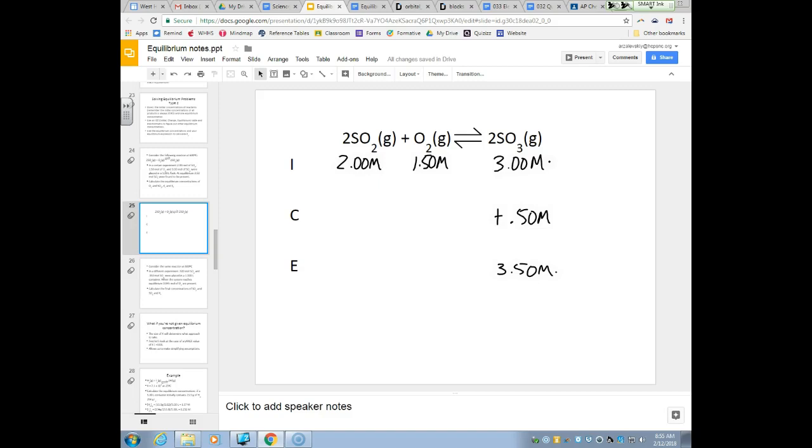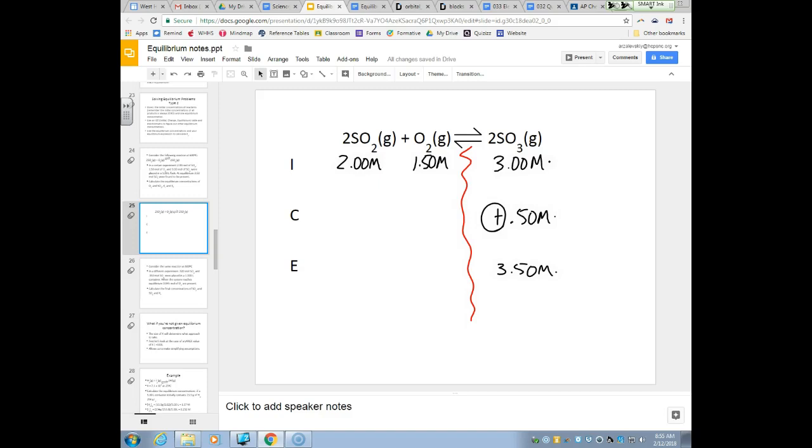Now, the arrow in the center is kind of the great divide. If we formed 0.5 molar of SO3, that means that we had to lose some reactants if we form some products. And so the sign of our change will flip if we go across the arrow.